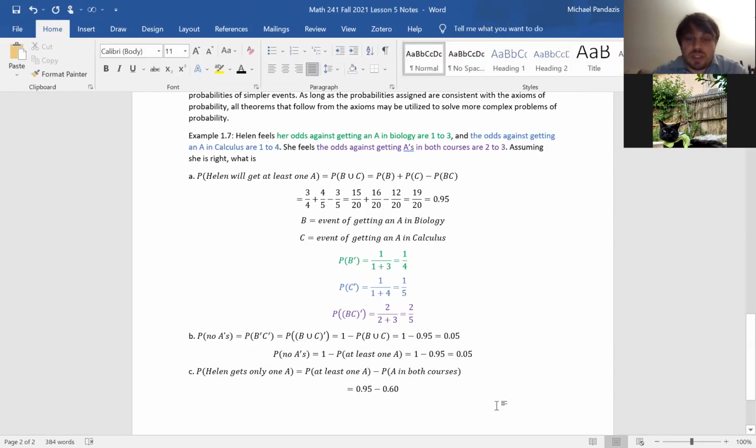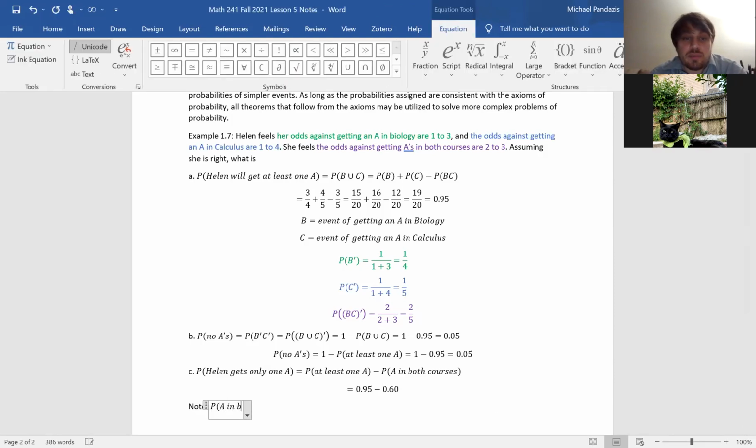So let me just put this as a note. The probability of an A in both courses is equal to the probability of BC, right? Well, that's equal to 1 minus the probability of the complement, BC prime. And we have the probability of BC prime was 2/5. This is 1 minus 2/5, which is 3/5.